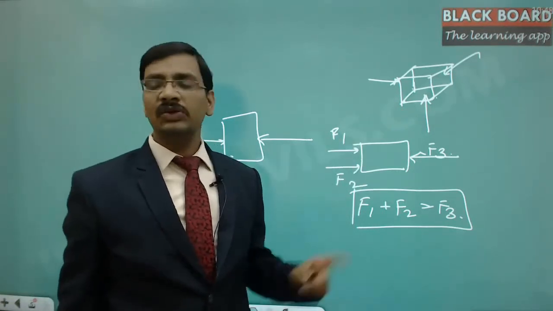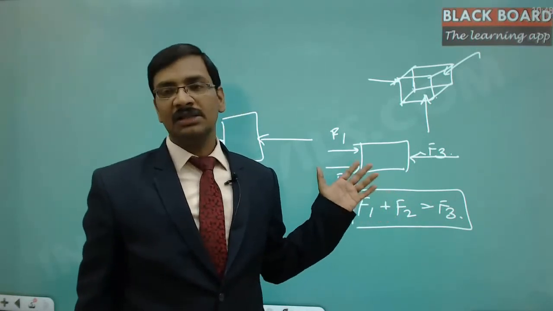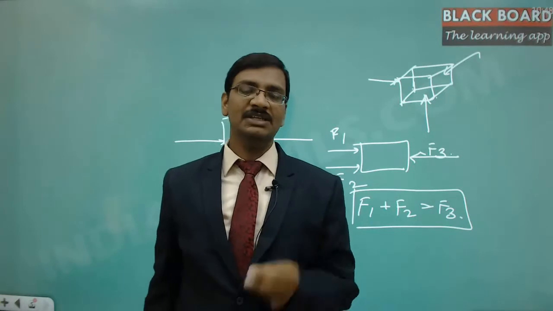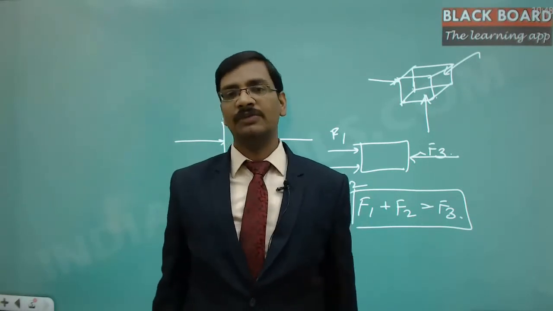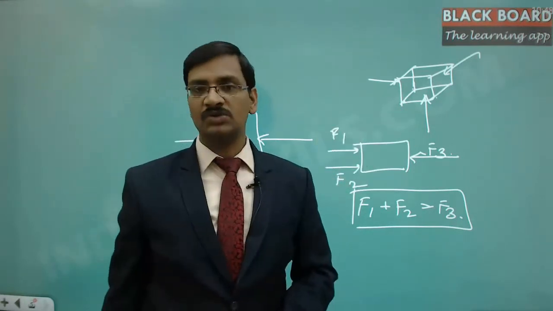In such cases you cannot make use of the analysis of coplanar forces, because coplanar analysis is very easy, as you can make use of the parallelogram law of vector addition or the triangular law of vector addition, but in this case you cannot make use of it.